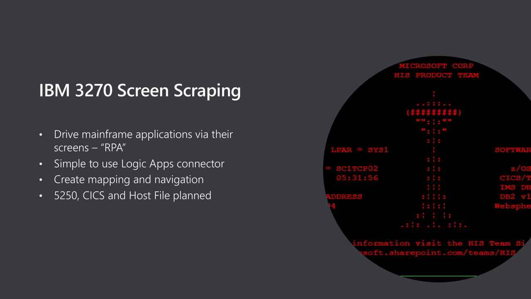Now we made that really easy because you can just record the screen interactions with the mainframes, and we create a new type of map from that, not just the fields on the screen, but actually the navigation between the screens themselves as well.